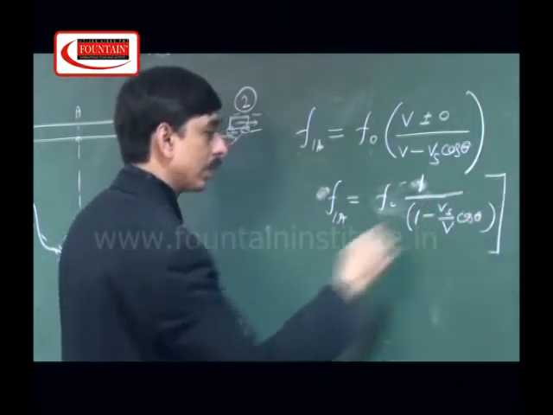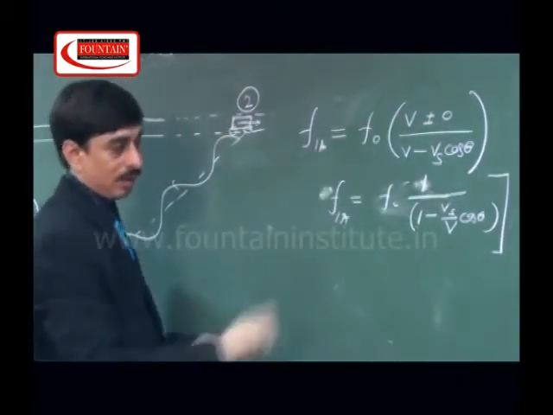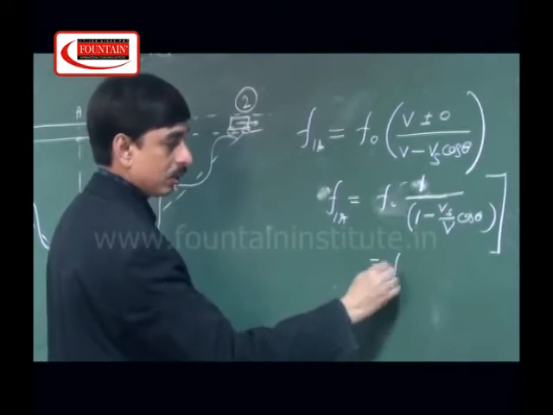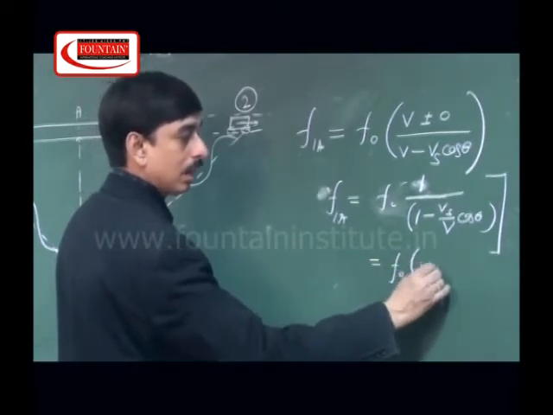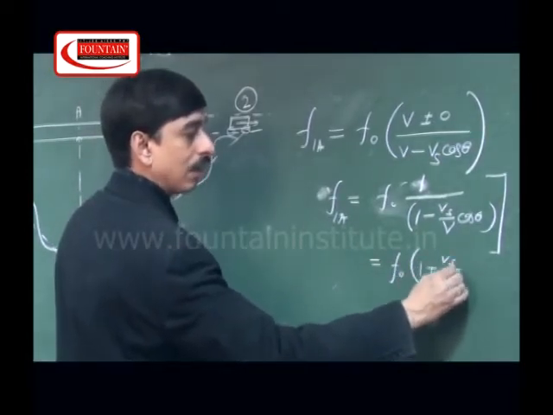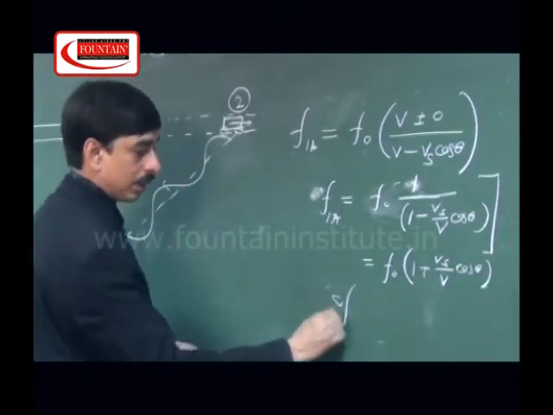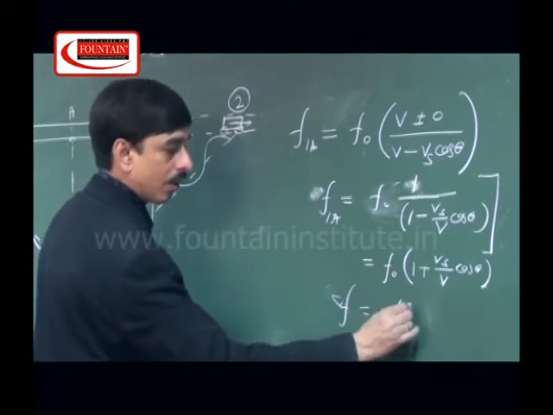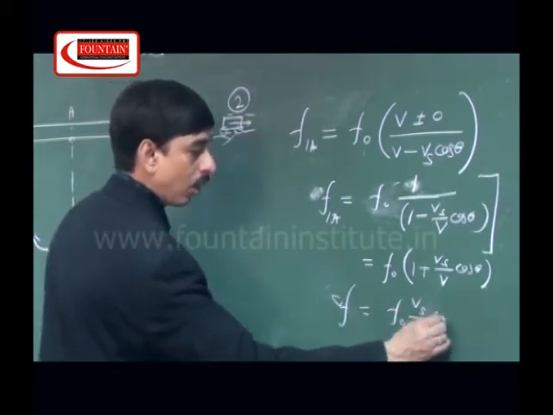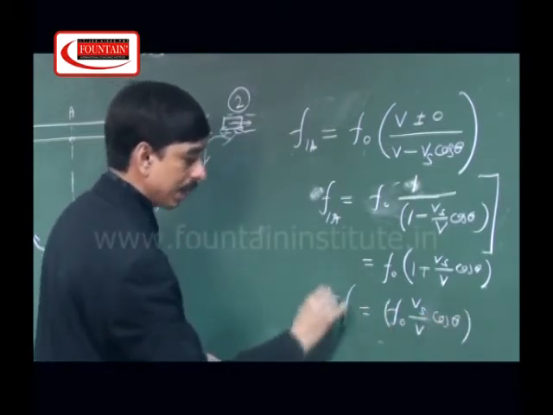I think you understand this way. Put it up and take the binomial expansion. So you are getting f0 into 1 plus vs by v cos theta, means the change of frequency will be f0 vs by v cos theta. That is the beats you are getting.